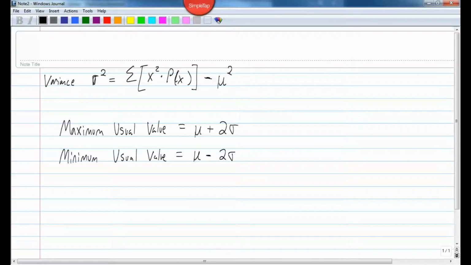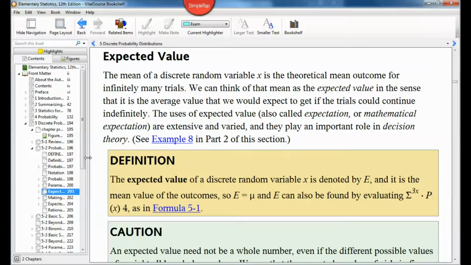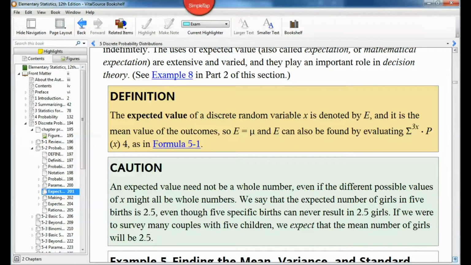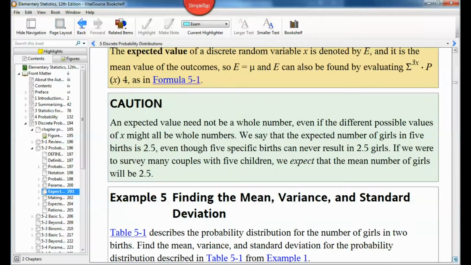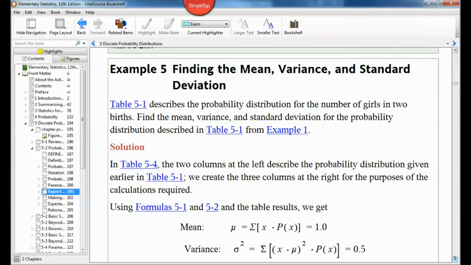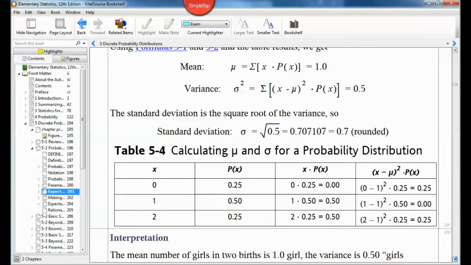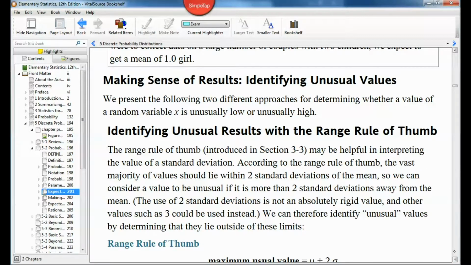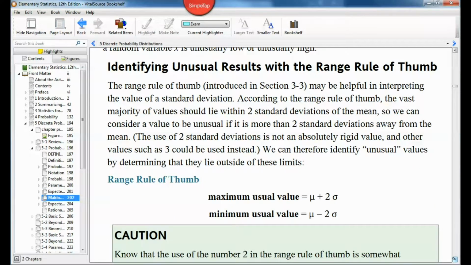There's nothing different. The only thing is, when we worked this out previously, usually we were given the mean and the standard deviation. On problems like this, usually you have to find the mean and standard deviation to find those minimum and maximum values. And that's called the range rule of thumb.